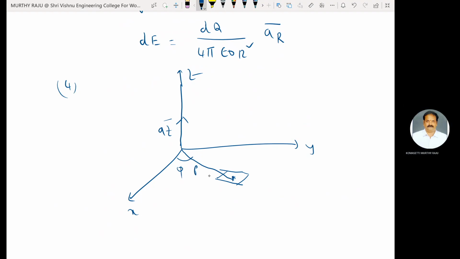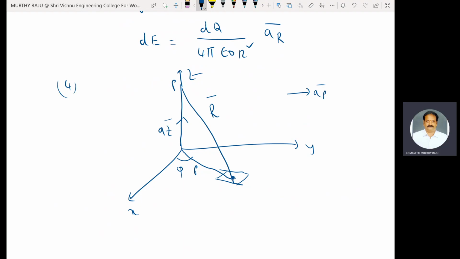This one is rho. This one is point P. R vector. Generally the arrow direction is like that, but in this case the direction of that arrow is the radial component of rho along minus a rho dash, not a r.